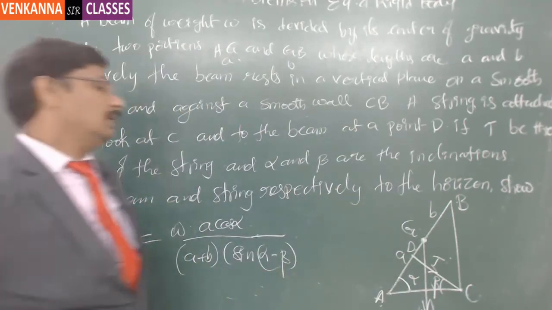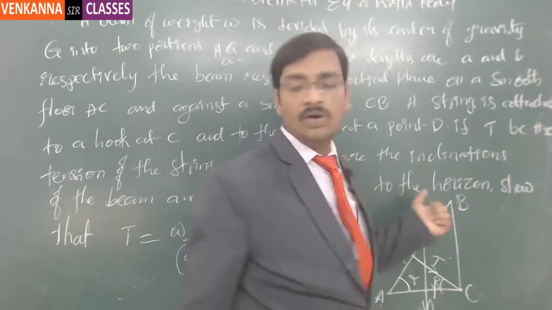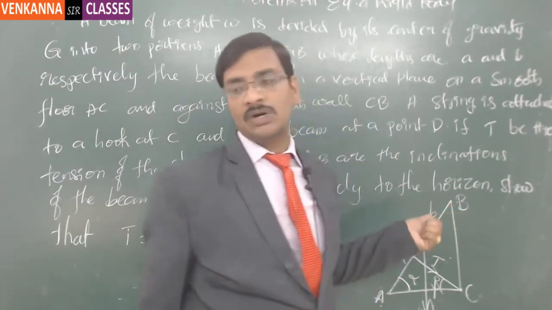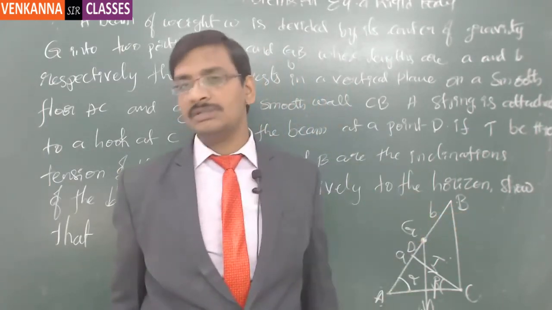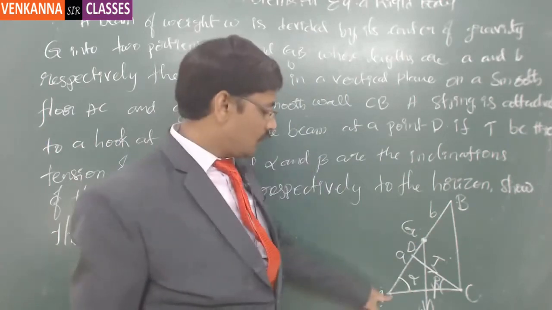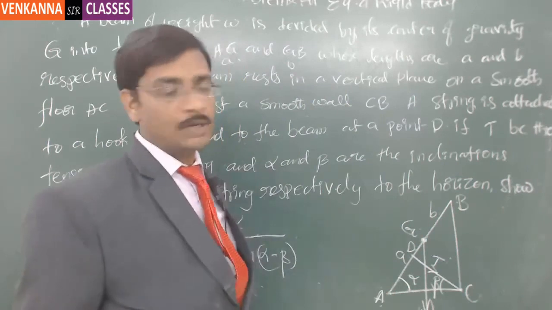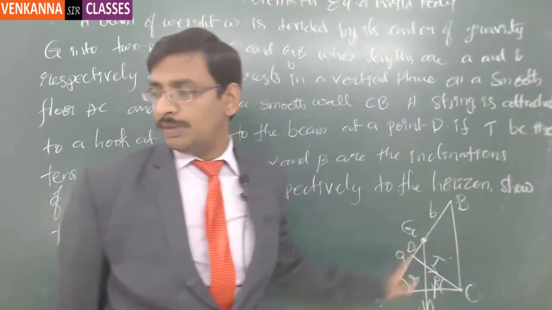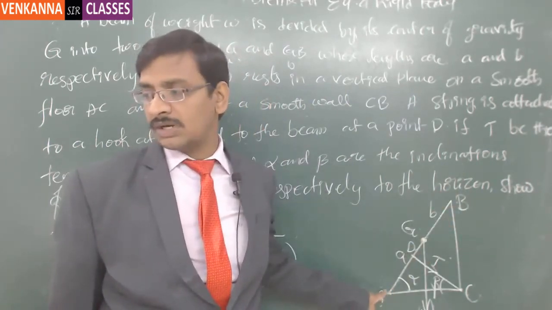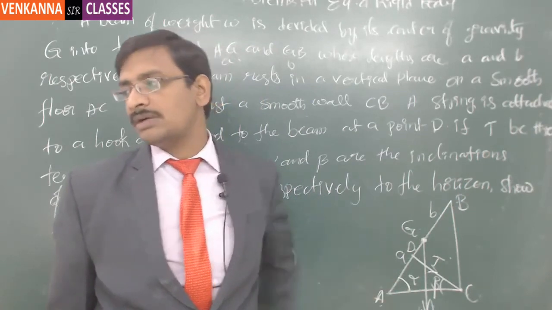Now indirectly, whether it was given or not, obviously if there is a surface contact, there will be a reaction which is the normal reaction. For this particular surface contact at point A, the normal reaction will be in which direction? There is a surface contact here, so there will be an associated normal reaction, right?